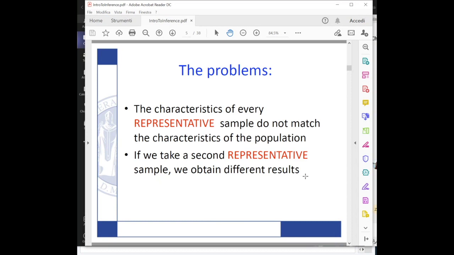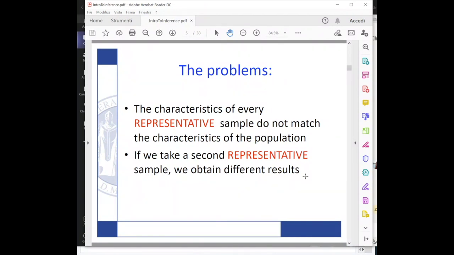First problem. Second problem. If I make an experiment and I take a second representative sample, I obtain different results. So every time I do an experiment, I get a different result. No way around this. If you have even a small experience with experiments, you know this.